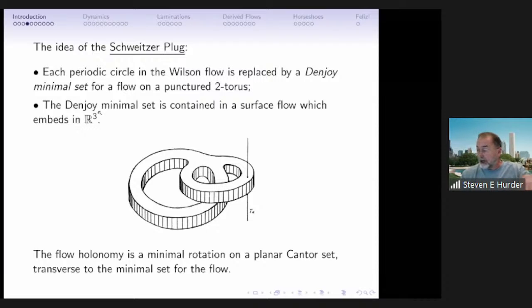They approach the suspension of the Cantor set, and they have a holonomy because it's a flow, and the holonomy has no fixed points. It's a translation on the Cantor set. So this was a very, very clever idea that gave a C1 counterexample to the conjecture or problem stated by Seifert. So that's the history, and everyone I'm sure has seen this before.